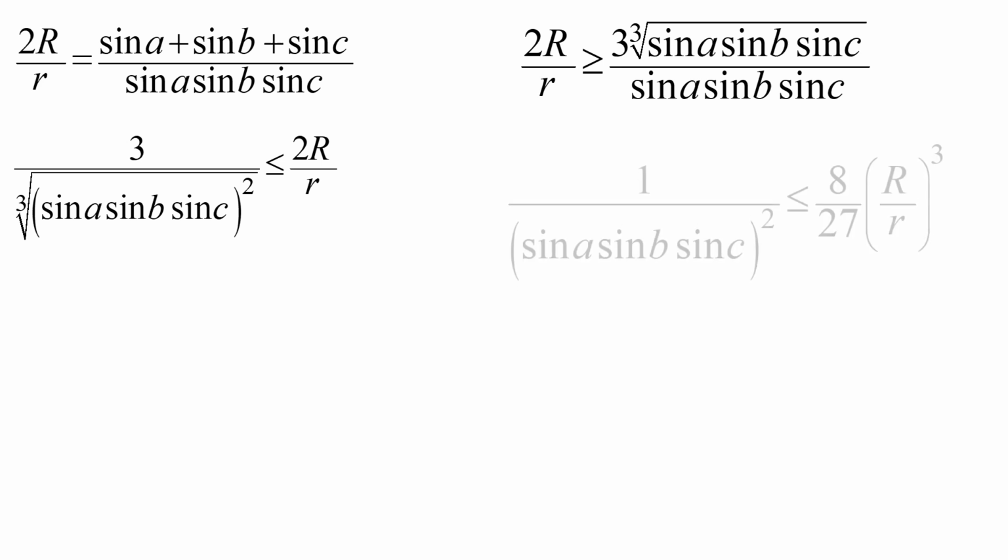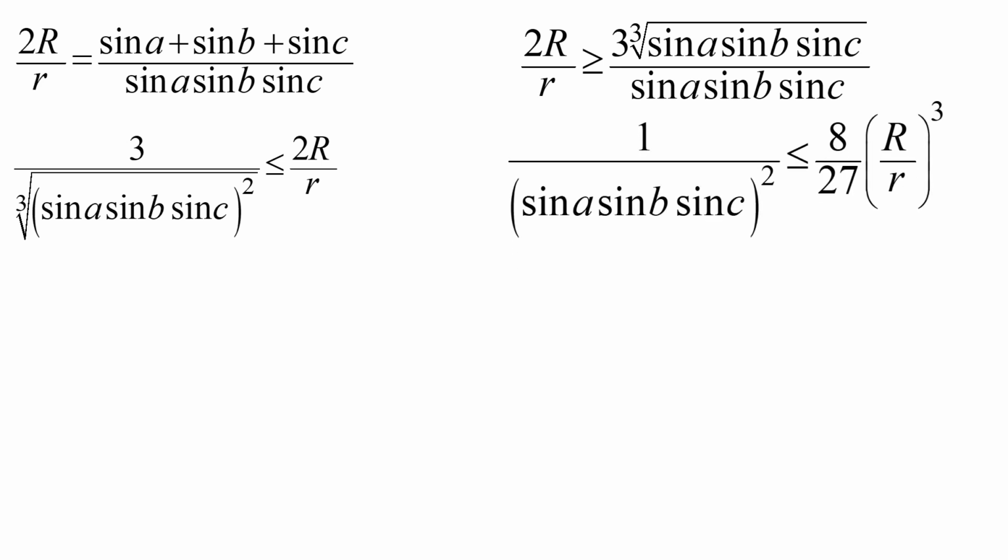After simplifying, I found that 1 over (sine A, sine B, sine C) all squared is less than or equal to 8 over 27 times (R capital over r small) all power 3. So when I apply this one and also the previous one in my main problem, if you remember, I will find my last solution.